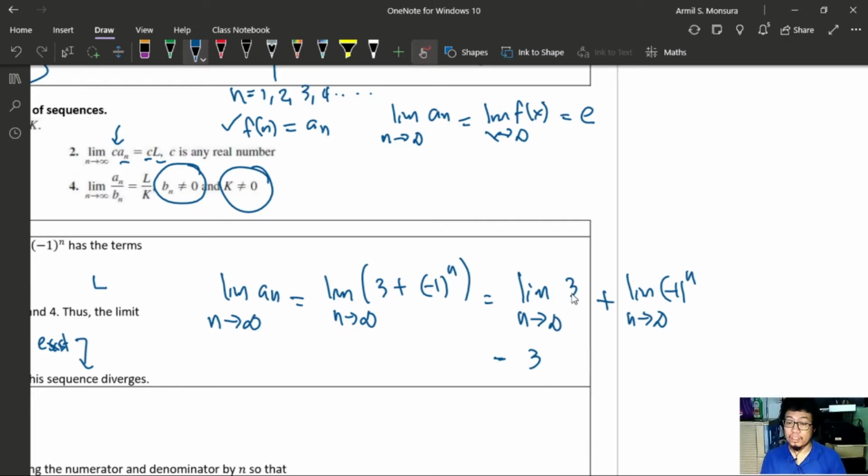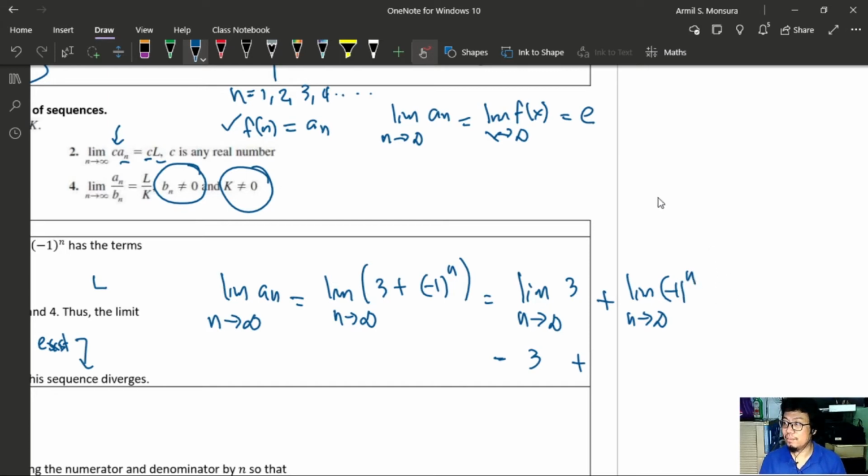since that is a constant number. You're evaluating the limit of a constant number, so that's simply that constant number. But here, you're evaluating the limit of this expression, negative 1 raised to n. And that negative 1 raised to n actually changes values. The value it approaches depends on whether n is odd or even.